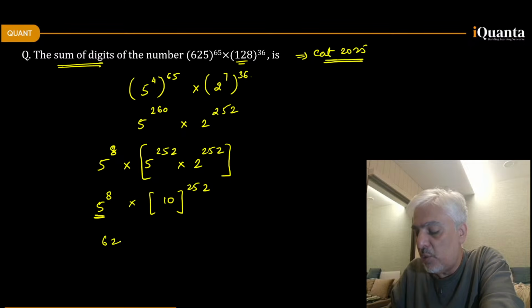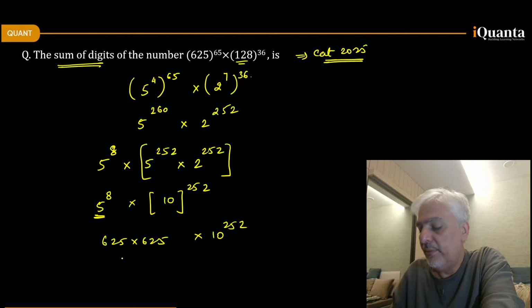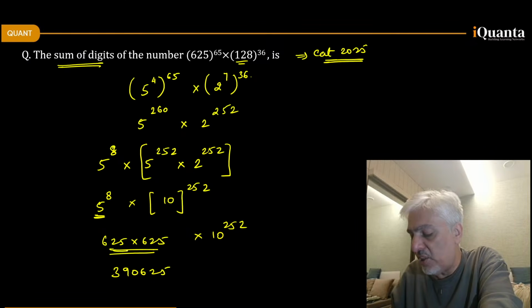This is nothing but 625 into 625 with all the zeros at the end which have no meaning. This you can multiply. I'm not very sure, but I think it is 390625. Somebody check this multiplication.